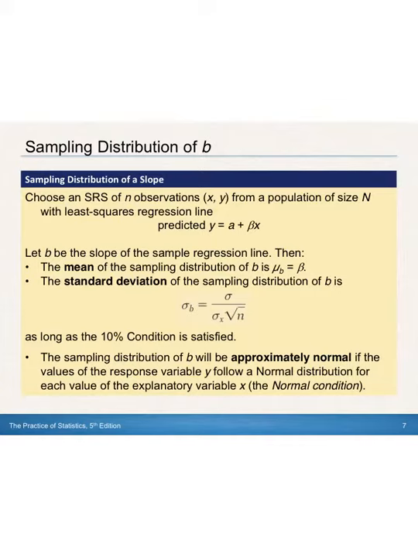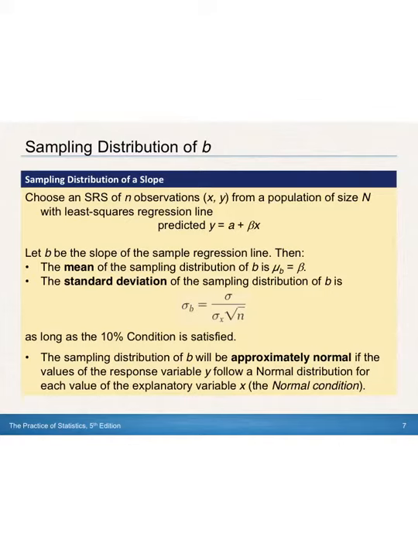Then for b, which is your sample slope, the mean of the sampling distribution of b approximates the true slope, and the standard deviation of the sampling distribution of b is the true standard deviation sigma divided by the standard deviation of x times the square root of n, as long as the 10% condition is satisfied.